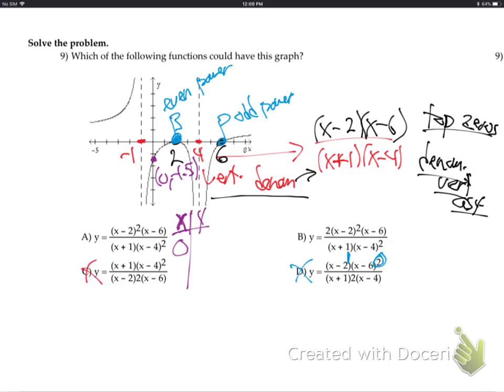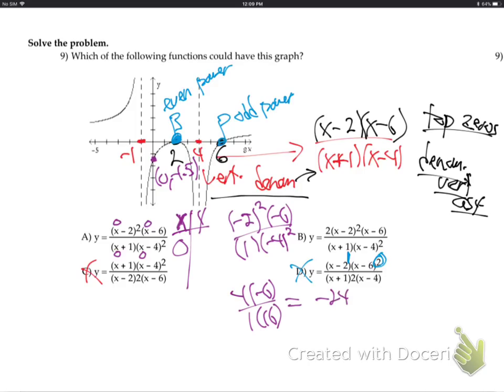So let me just start with A. If I plug in 0 to A, what am I going to get? Negative 2 squared times negative 6 over 1 times negative 4 squared. What's that? 4 times negative 6 over 1 times 16.